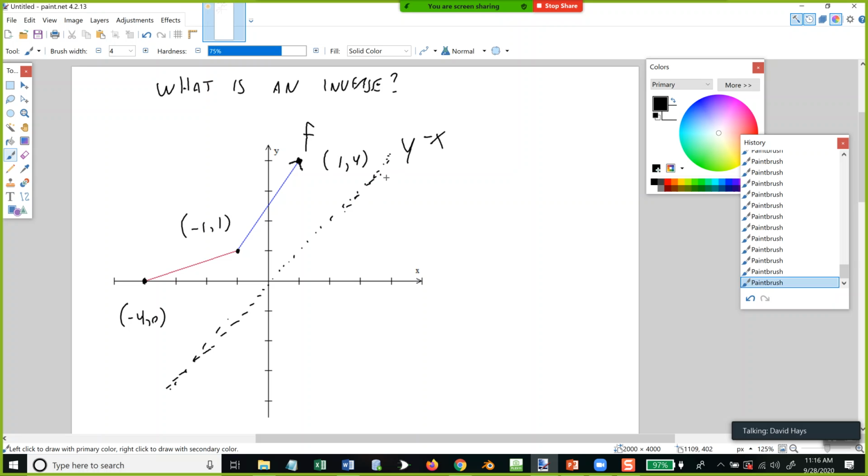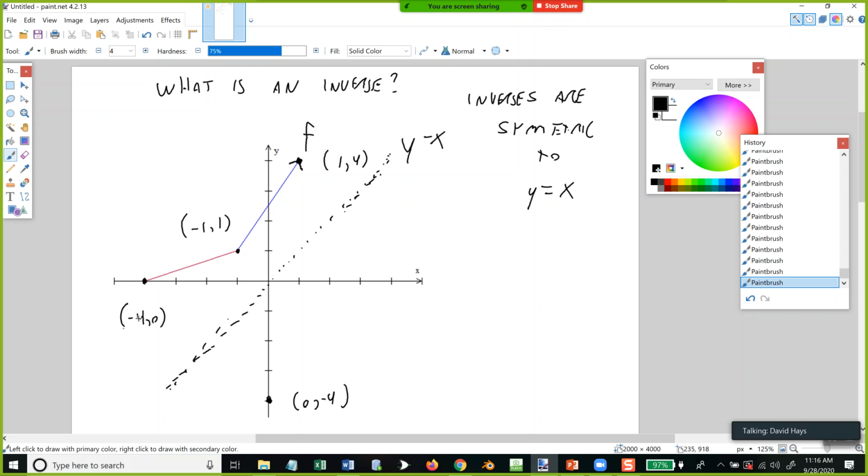This is the line y is equal to x. Inverses are symmetric to y is equal to x. What that means point-wise is if this point is -4, 0, for my inverse, I'm going to have a point 0, -4.